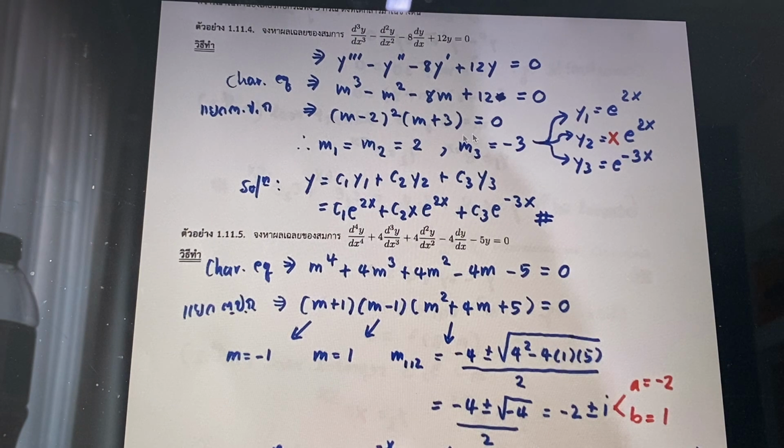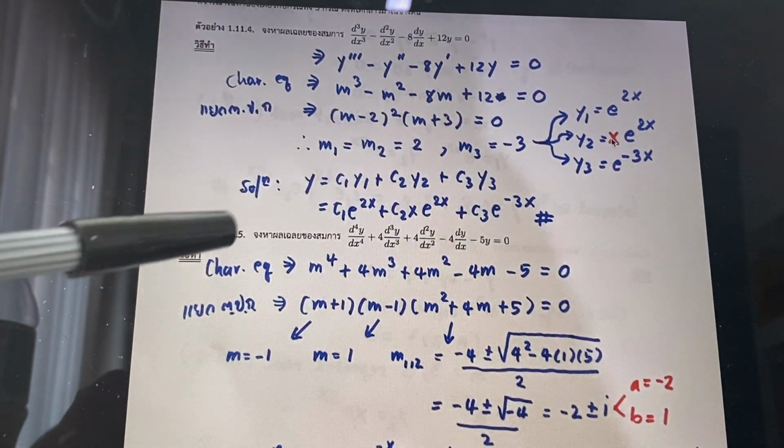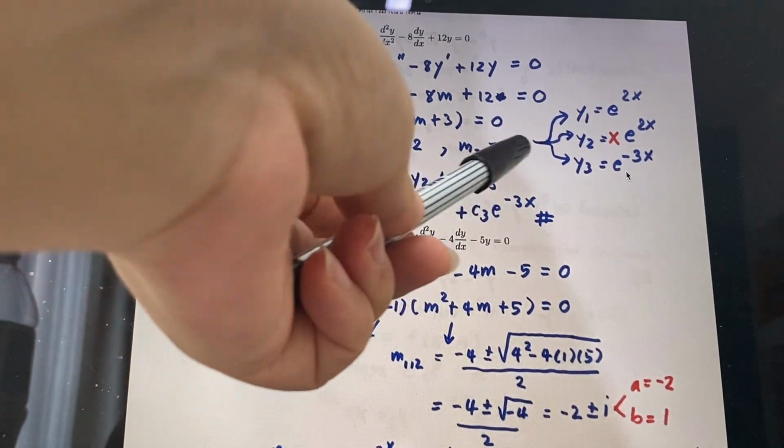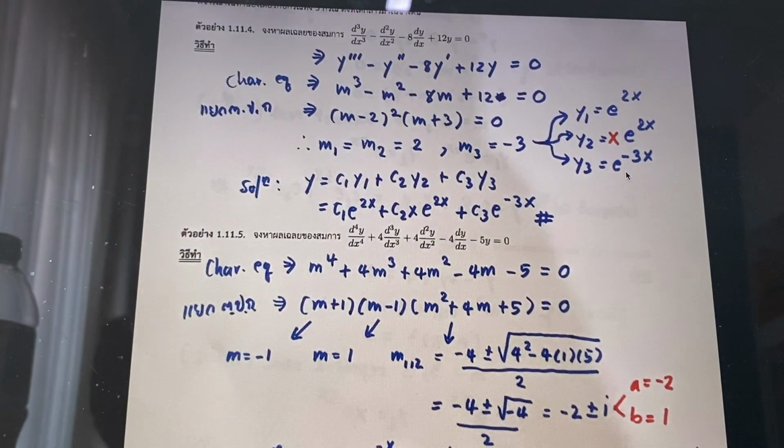The first one, y1, is going to be e to the m1 x. But then m1 and m2 are exactly the same thing. So for a repeated root, you have to multiply by the independent variable term here. So you have x times e to the 2x. And this one is just the distinct one, so e to the negative 3x.